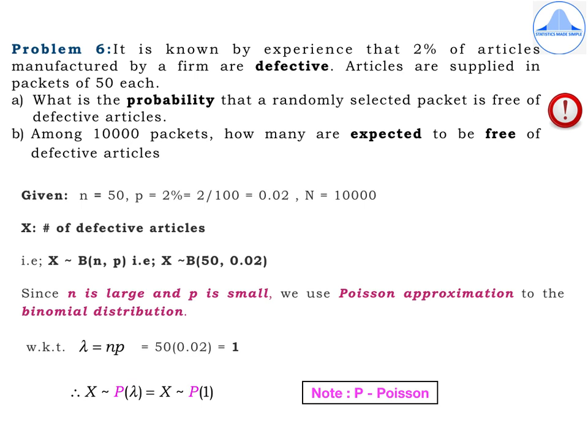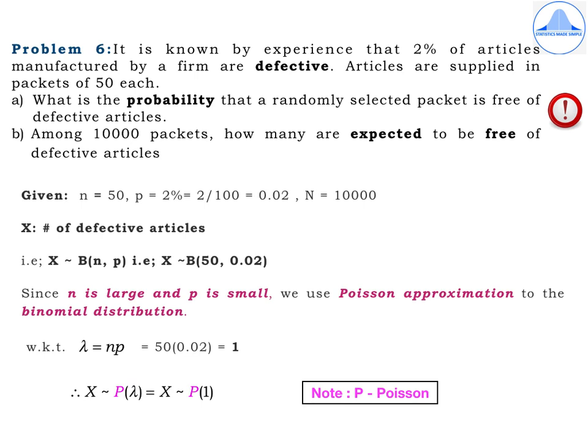Now in this problem, the word defective is used, and hence you know that it is a binomial distribution problem. So the next step is to identify n and p. Starting with the solution, write given n equal to 50.